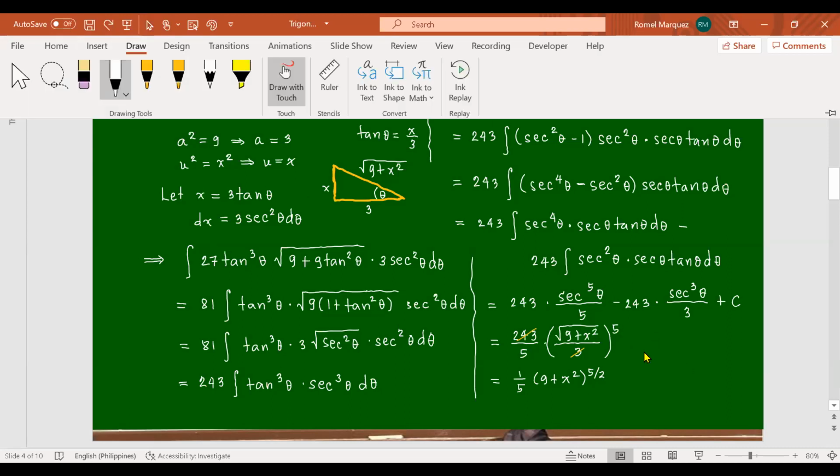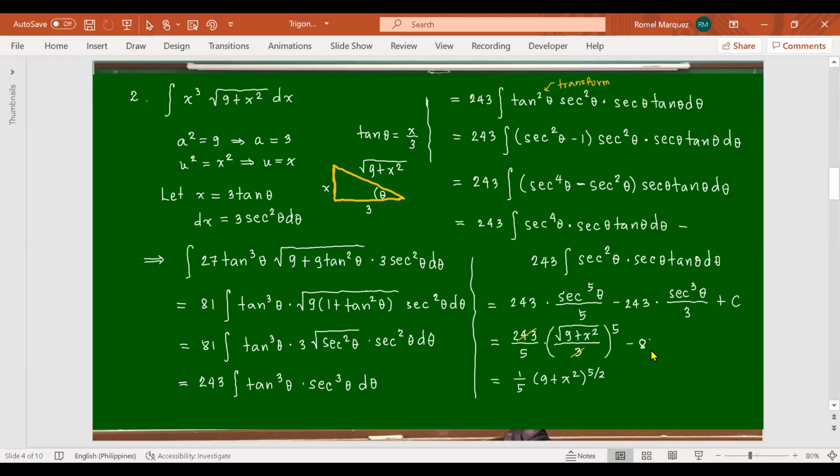So 81 times secant theta cubed. Again, secant theta is the square root of 9 plus x squared all over 3, quantity to the third.